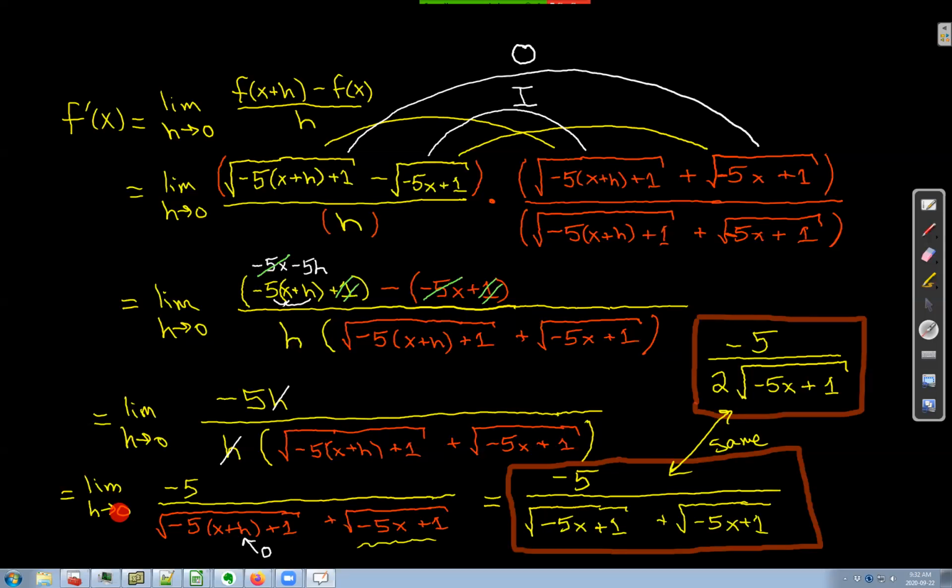It's just that the limit is as h goes to 0. So that's why 0 is getting plugged in here. So you always follow what the limit is. And in the definition of the derivative, the limit will always be 0. I hope that made sense.